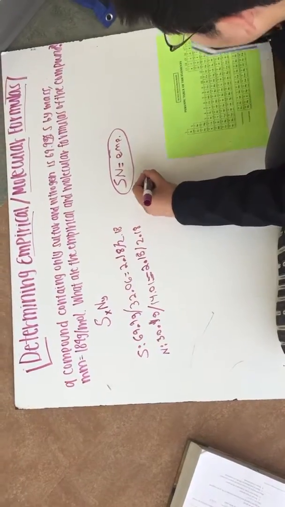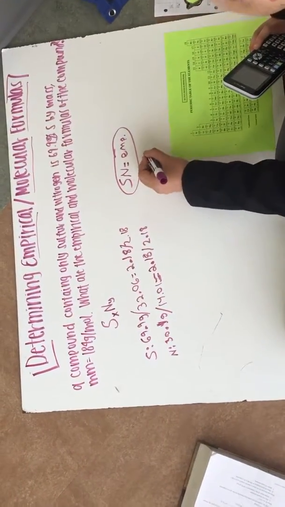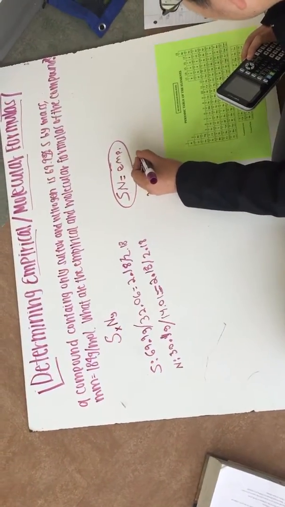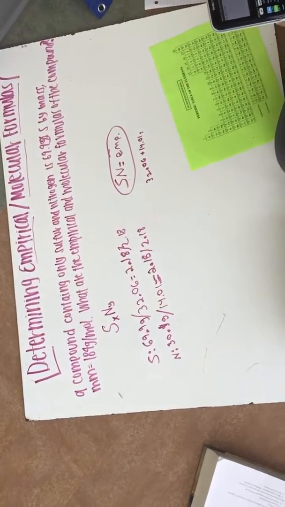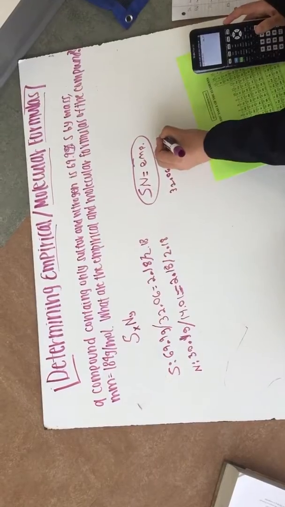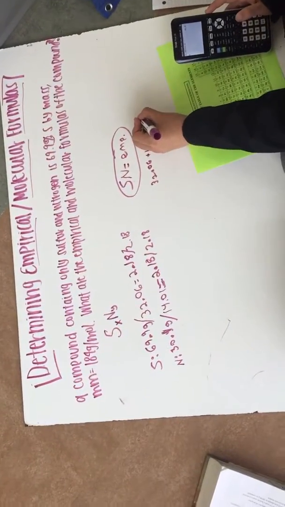So 32.06 added to 14.01 gives an empirical formula mass of about 46.07.